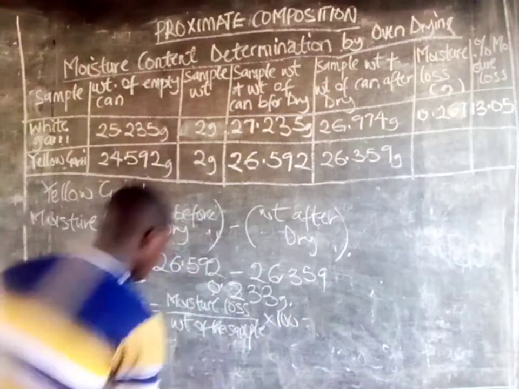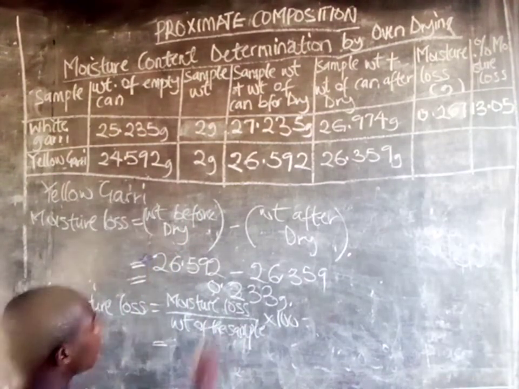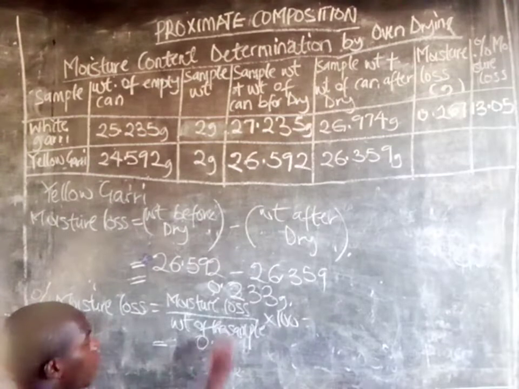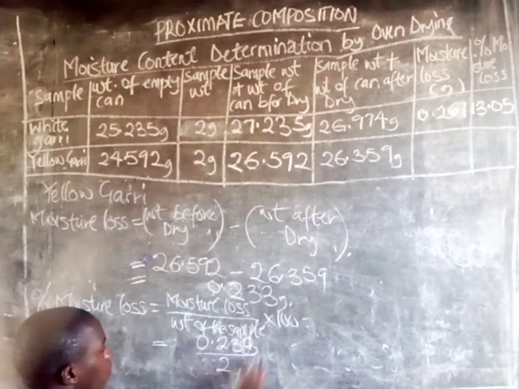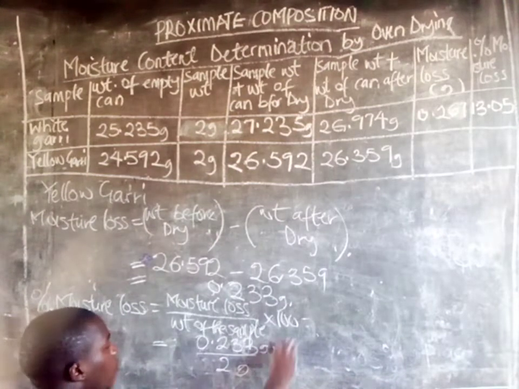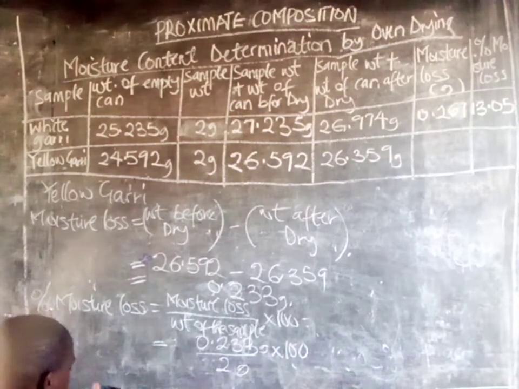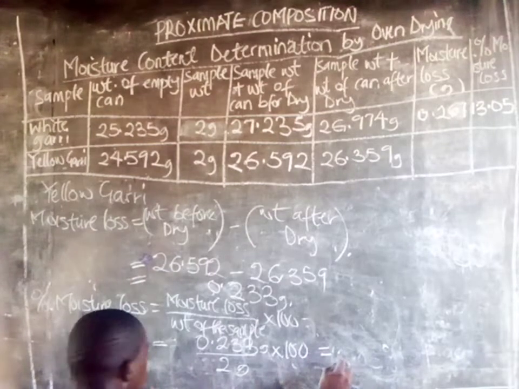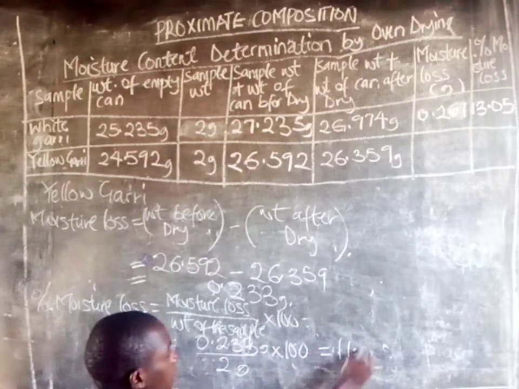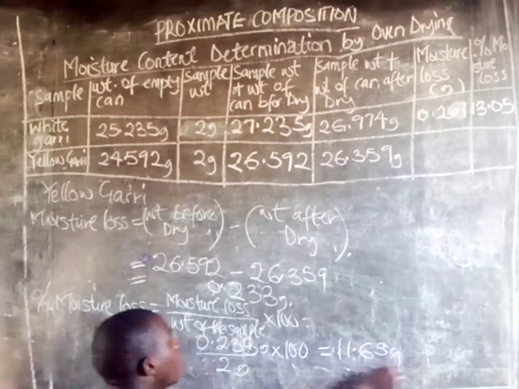So we had the moisture loss to be 0.233 divided by 2, times 100, and that will give us 11.65.